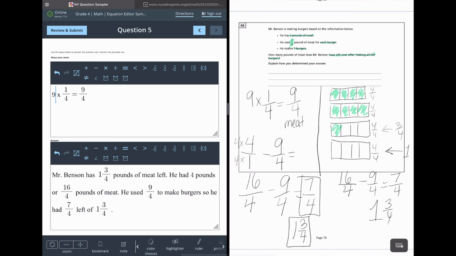Now I'm looking at the 9, I know that I have to put this over, I'm gonna make this 9 a whole 1.